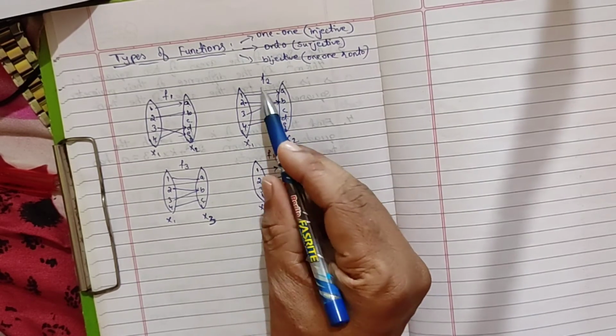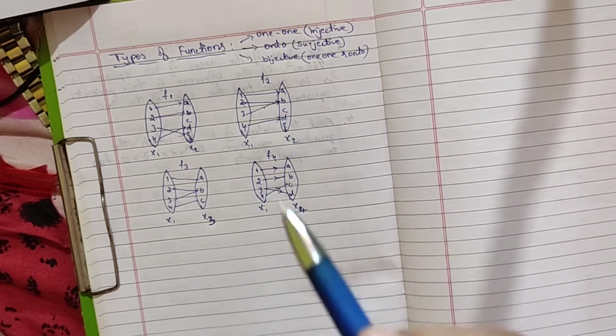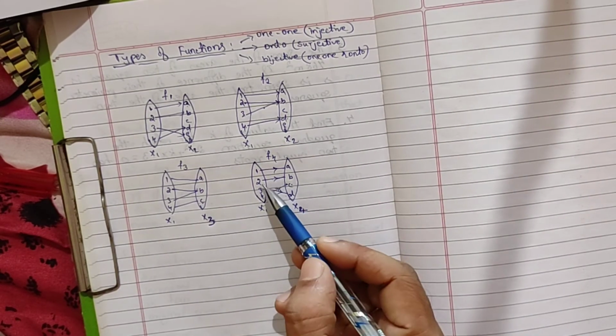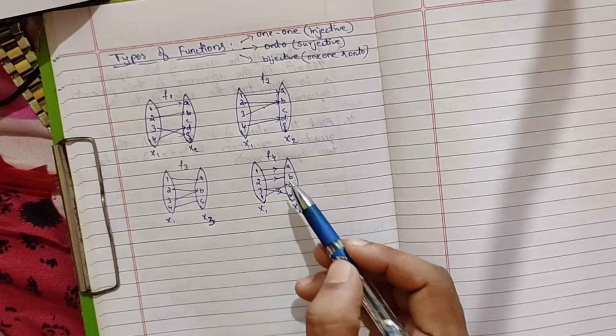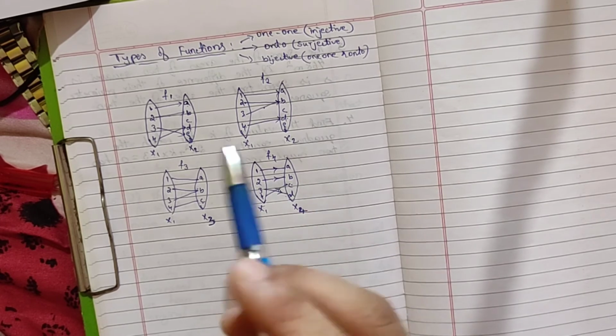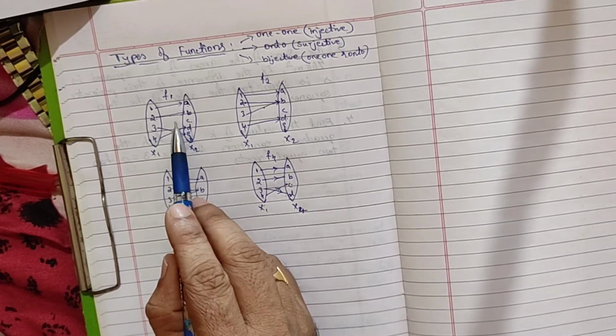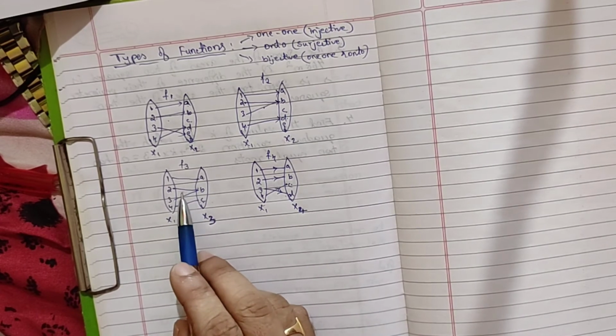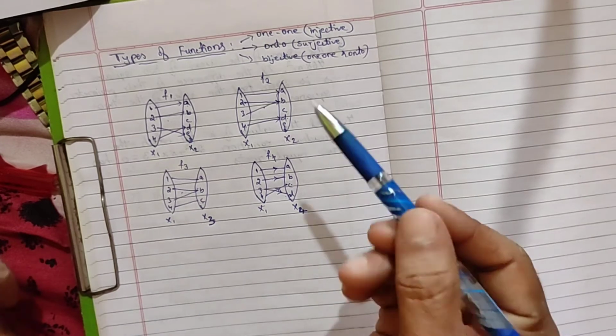F2 is not one-one and not onto. Now F4 is satisfying both one-one and onto, therefore this is bijective. And this is not an onto function, this is only one-one. And this is not one-one, this is only onto. I hope that is clear for you.